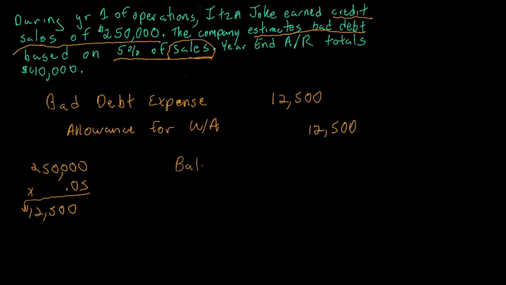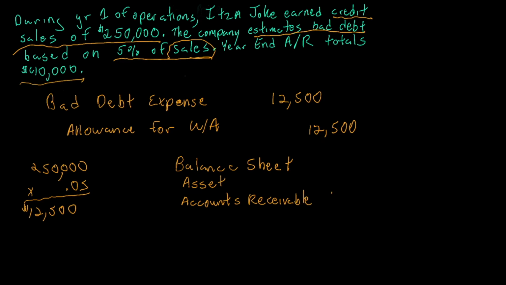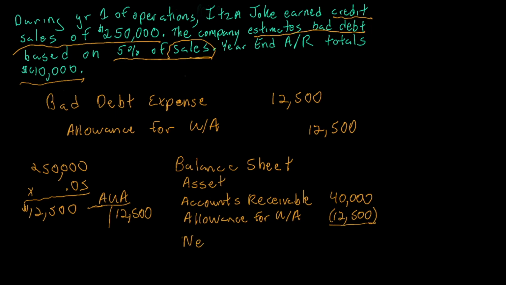Therefore, on the balance sheet, in our assets section, we will have accounts receivable of $40,000 that was given to us in the problem. Directly under that, gang, we're going to subtract our allowance for uncollectible accounts that has been created of $12,500, thus giving us a net realizable value of $27,500.